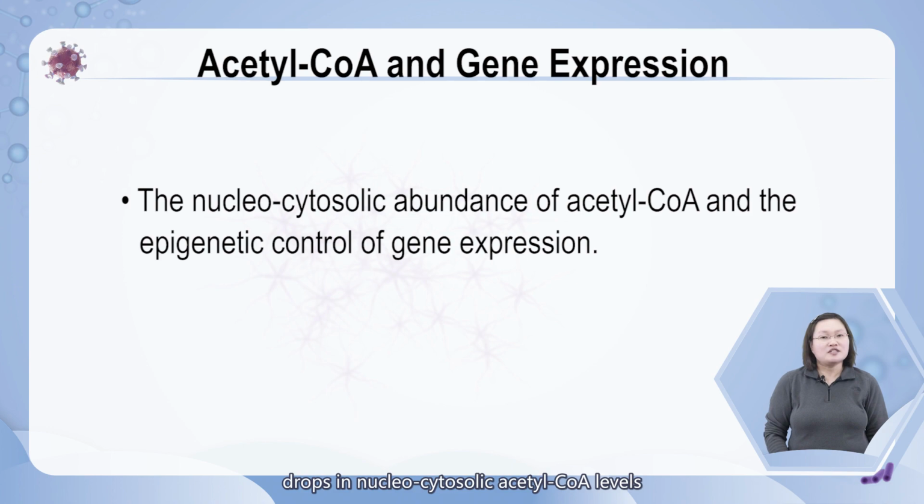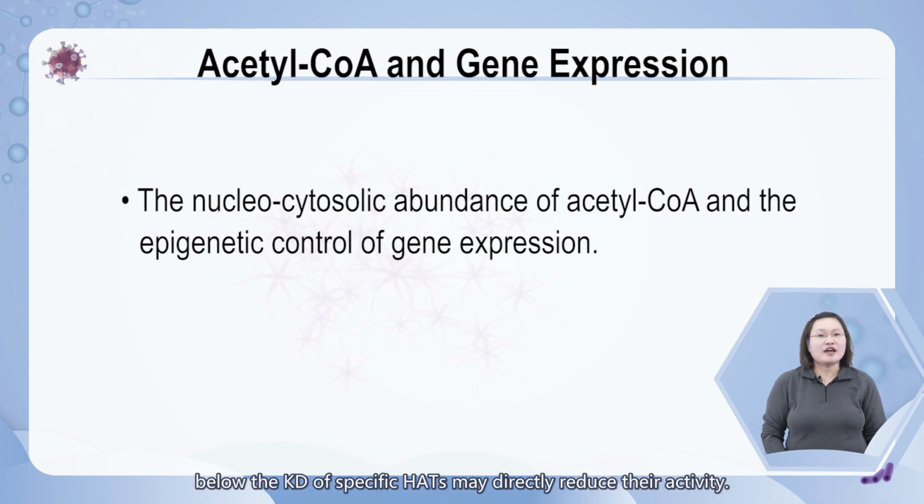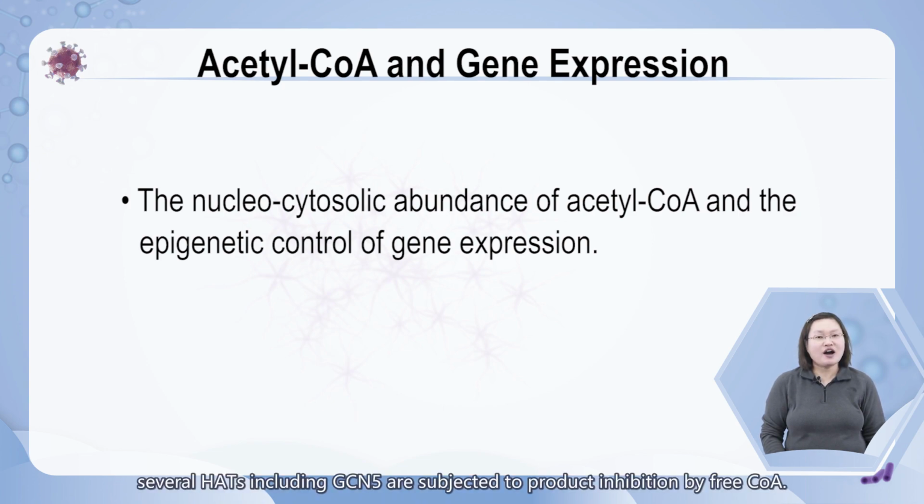Thus, drops in nucleocytosolic acetyl CoA levels below the KM of specific HATs may directly reduce their activity. Moreover, several HATs, including GCN5, are subject to product inhibition by free CoA. This indicates that the acetyl CoA to CoA ratio may be the relevant regulator of the enzymatic activity of HATs, rather than absolute levels of acetyl CoA.